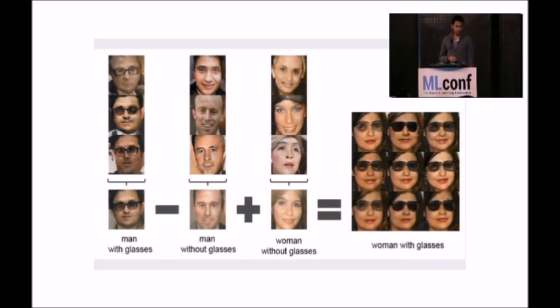And by the way, these faces here are not real. They're just generated samples. Another thing we saw was that it learned features such as glasses or smile, just by playing this unsupervised game.